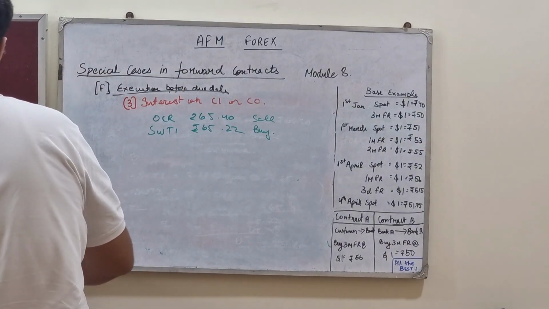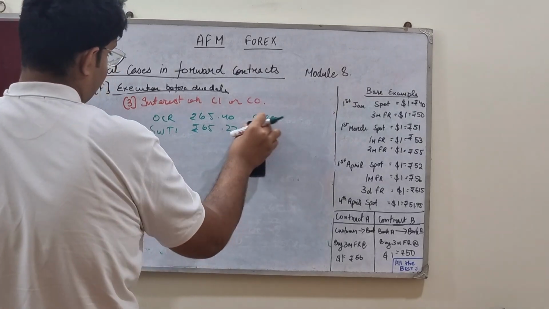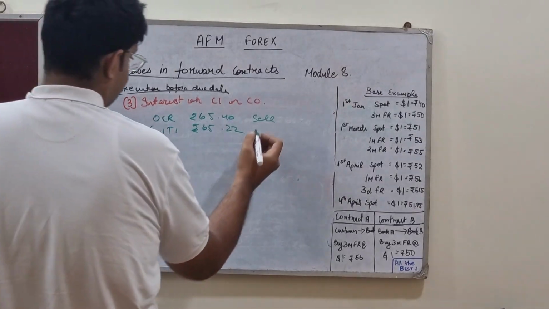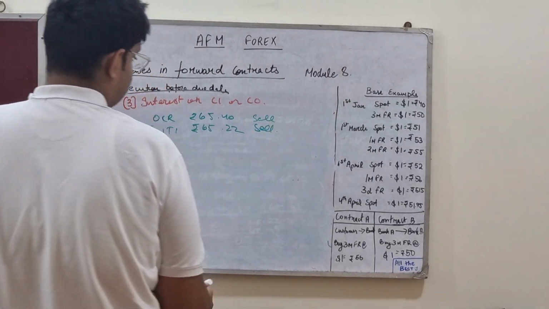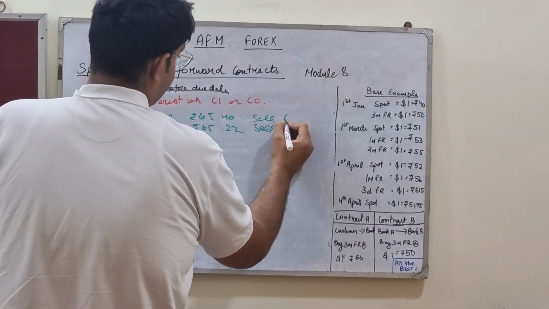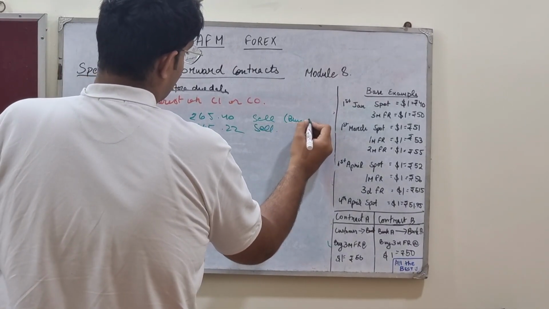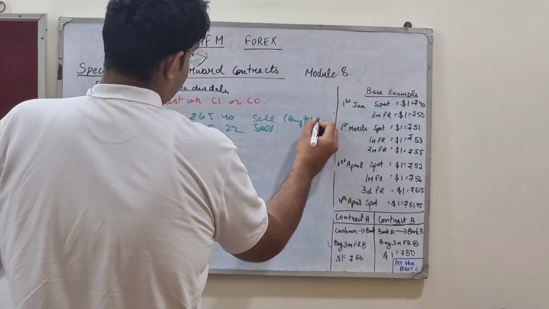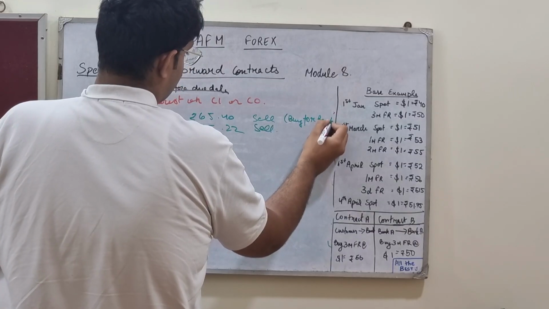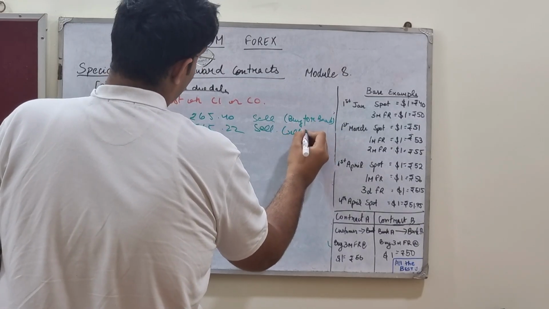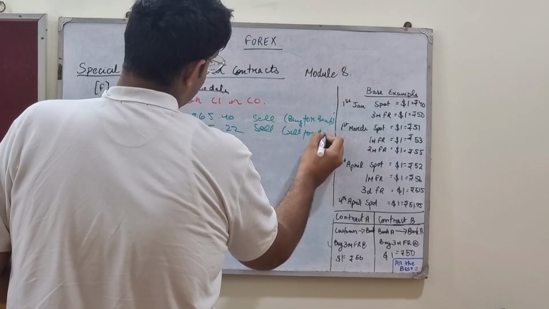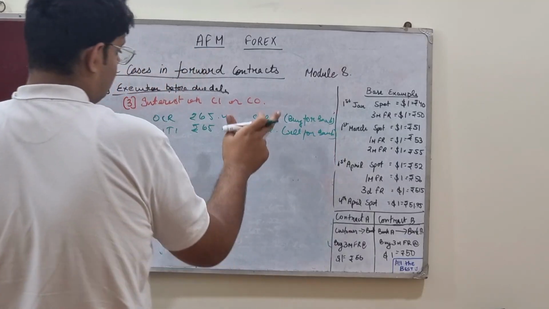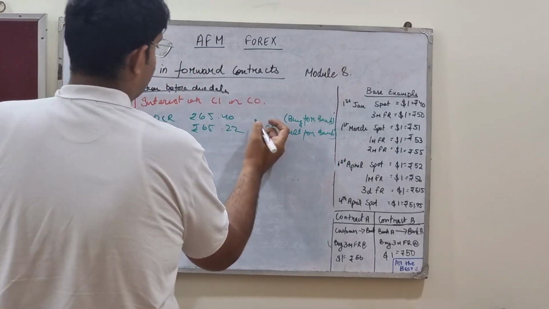No, both of them are sell. But this is a buy for bank. This is a sell for bank. So basically the bank is not selling, the bank is buying.